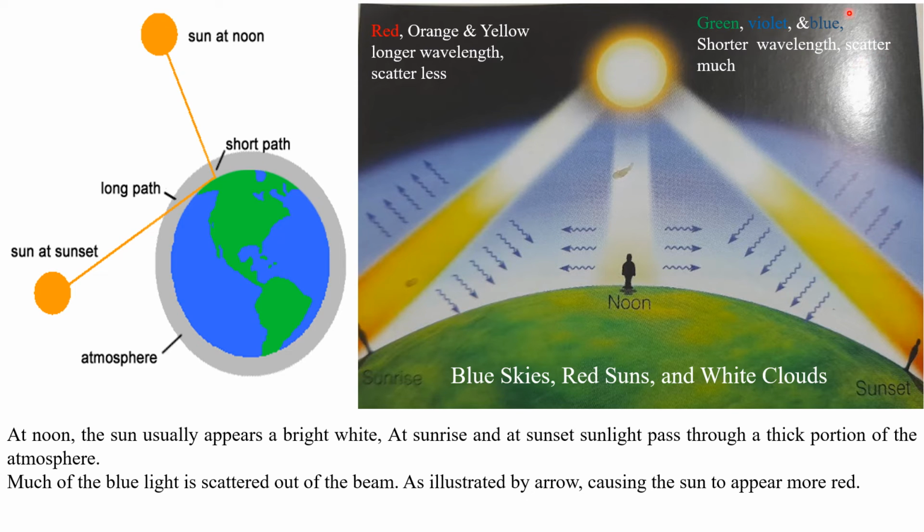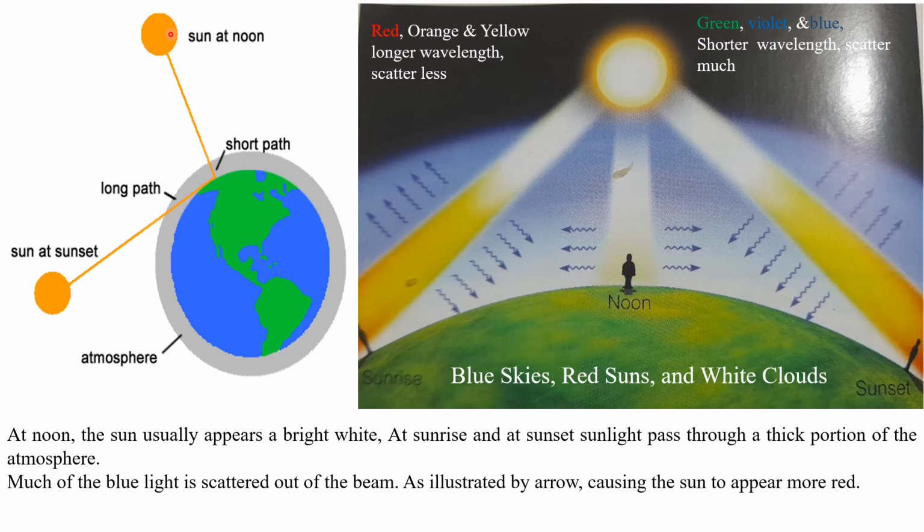So this is the situation. That's why green, blue, and violet are scattered much, and that's why we see the blue sky. Red is scattered less, and that's why at sunset and sunrise we get a mixed view of red, orange, and yellow from our sun.